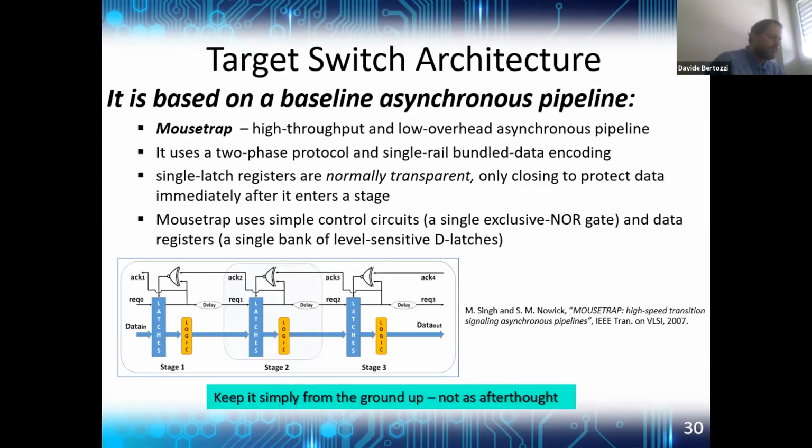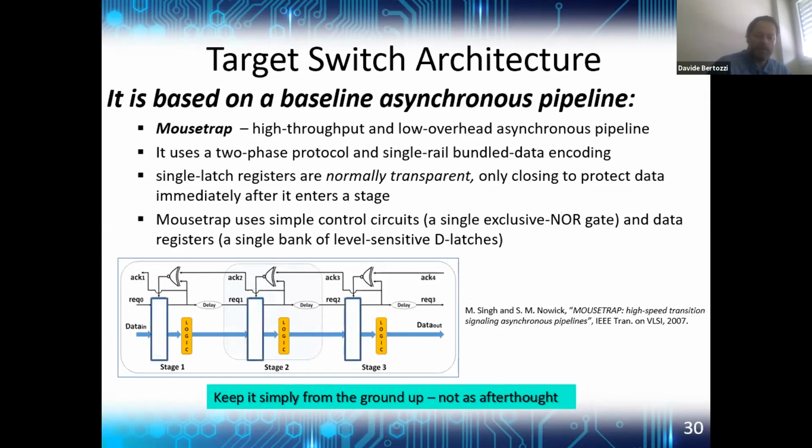So, the network-on-chip switch builds extensively on a baseline asynchronous pipeline, which is a high-performance and low-overhead asynchronous pipeline called Mousetrap, and it has been developed at Columbia University. It uses two-phase protocol and single-rail bundled data encoding.